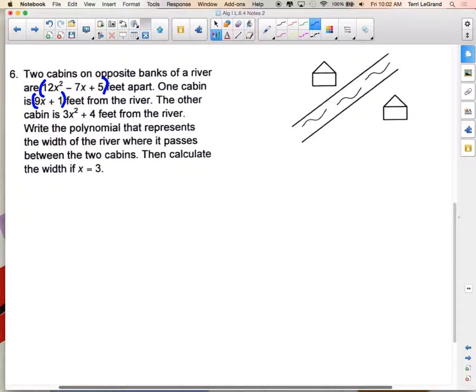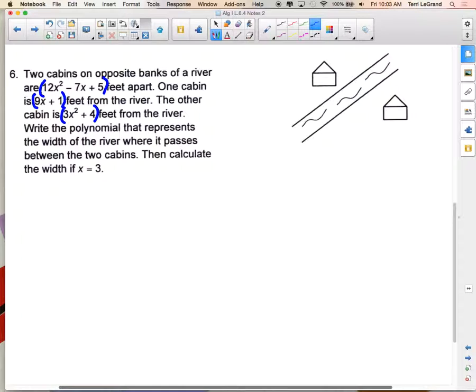So one of the cabins, its distance is the polynomial 9x plus 1 from the river. The other cabin is 3x squared plus 4 feet from the river. So its distance from the river is the polynomial 3x squared plus 4 measured in feet. Write the polynomial that represents the width of the river where it passes between the two cabins.